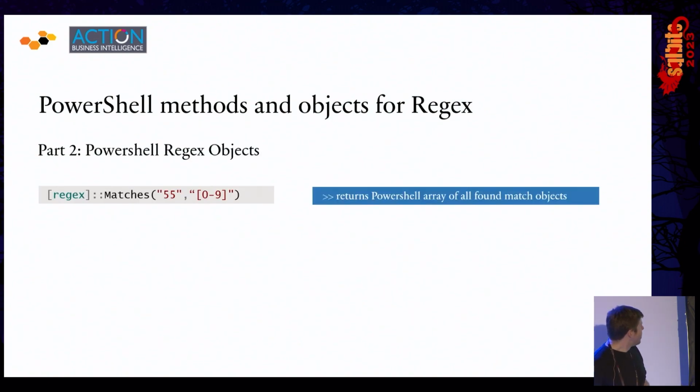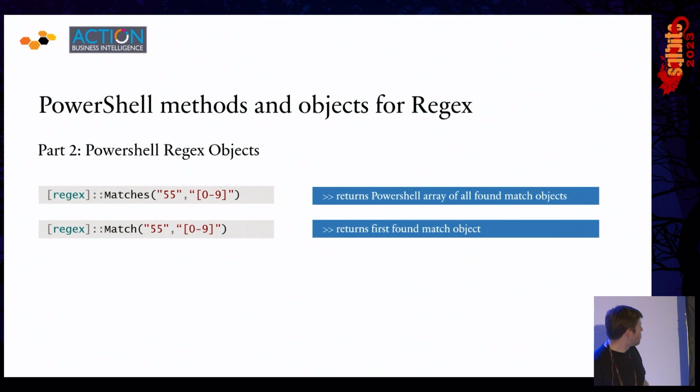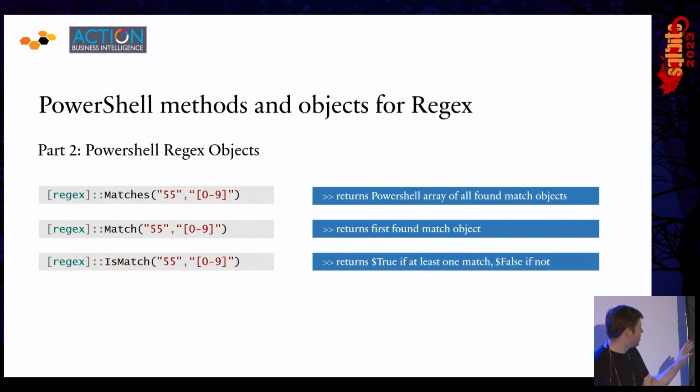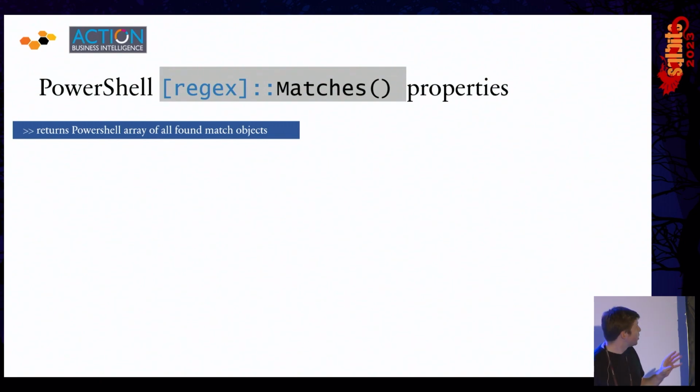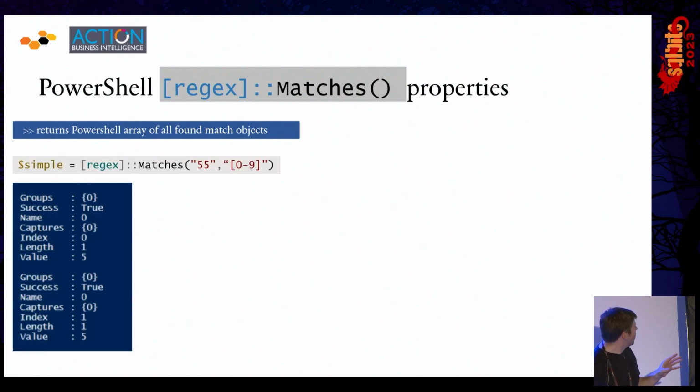Match objects: you've got regex matches, which returns all the matches; match, which returns the first one; and is match, which returns a Boolean for has it matched or not. If we have a look at a simple match with no groups, this will give you 2 matches because you're asking for 0 to 955.